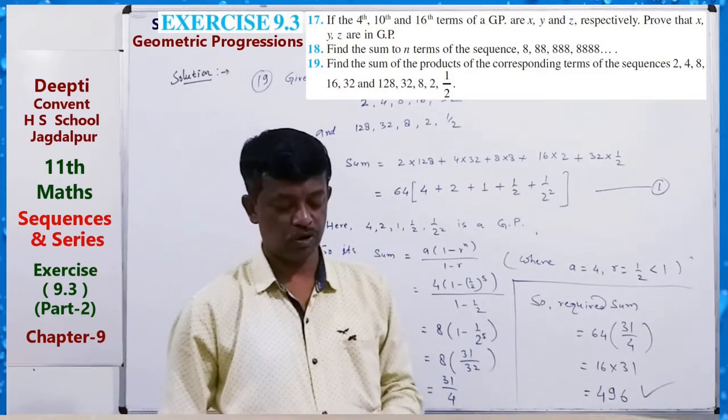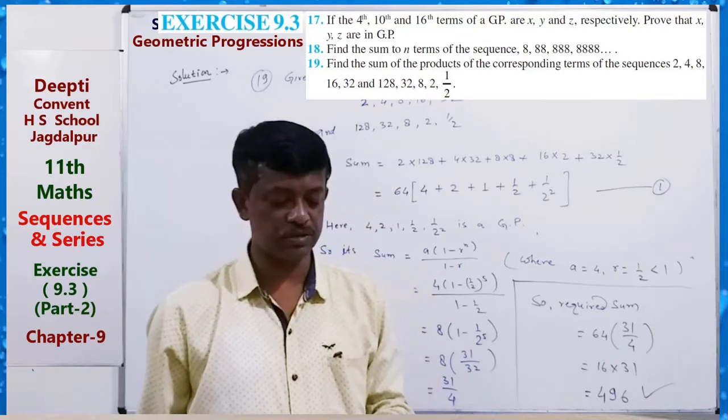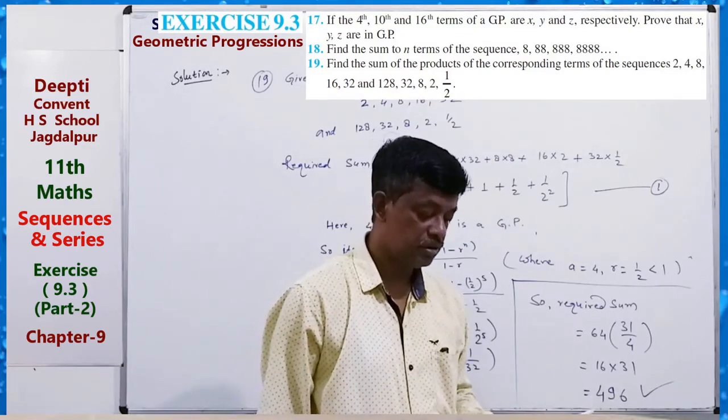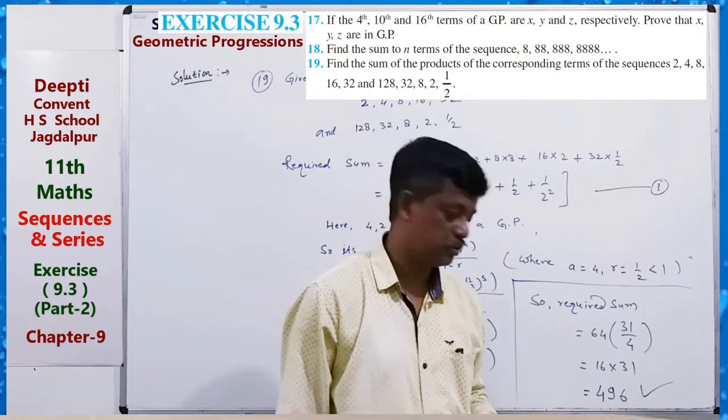Show that the products of the corresponding terms of these two sequences form a GP, and find the common ratio. Very simple.